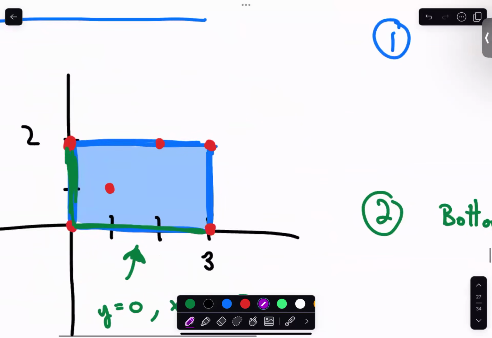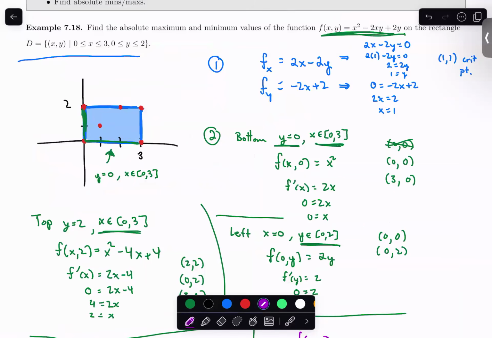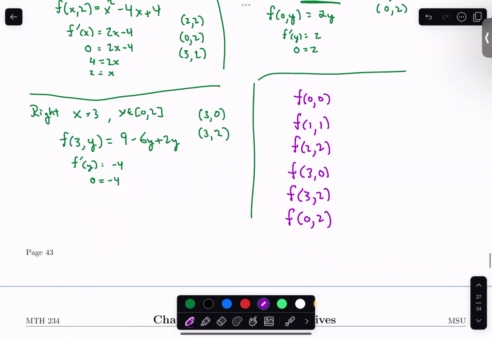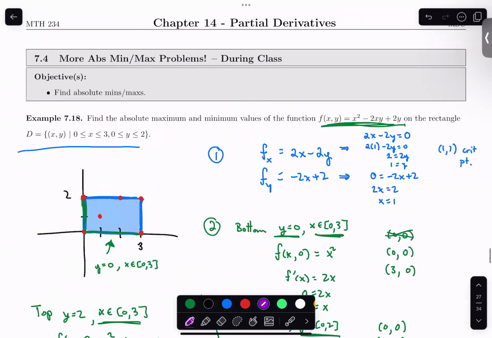Let's look at my picture just to make sure. So I have 1, 2, 3, 4, 5, 6. Yeah, that looks good there. And again, my function is x squared minus 2xy plus 2y.